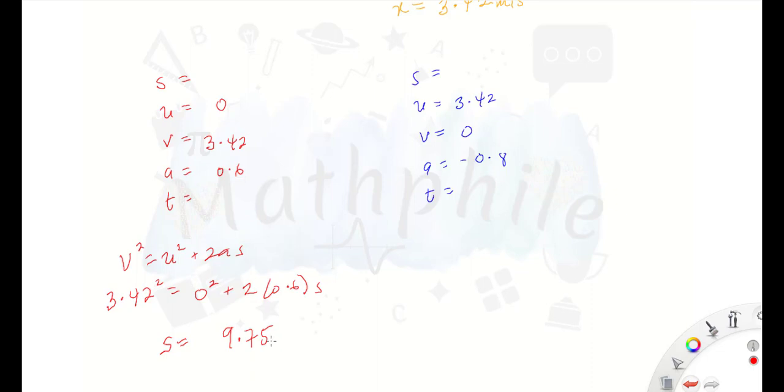Now, the next part, again, the same thing. v squared is equal to u squared plus 2as. 0 squared is equal to 3.42 squared plus 2 times negative 0.8 times s.